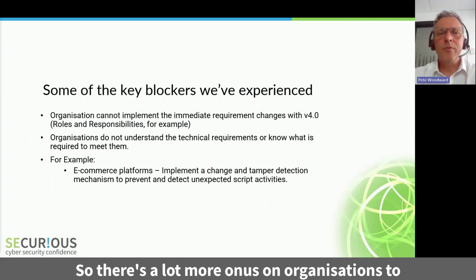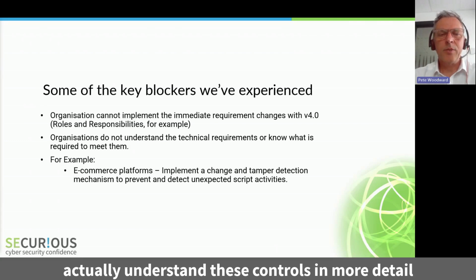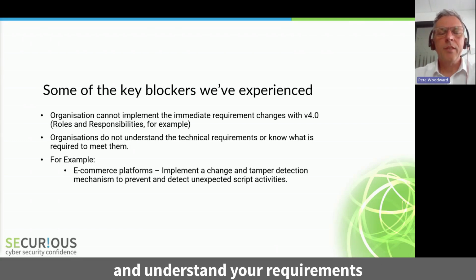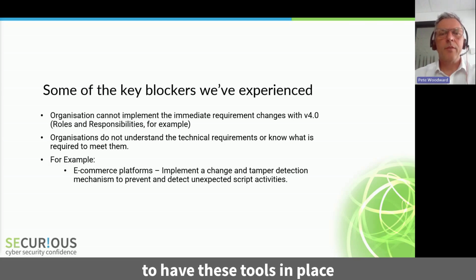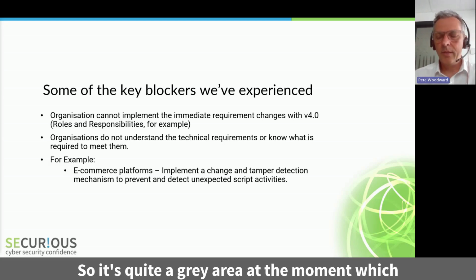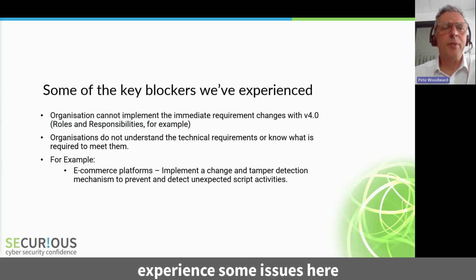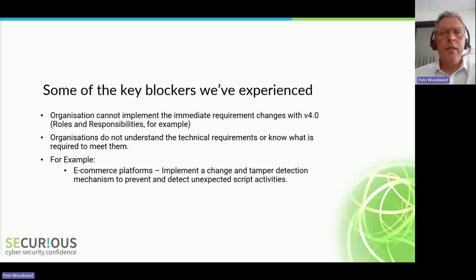So there's a lot more onus on organizations to actually understand these controls in more detail and understand your requirements once you know that it's your responsibility to have these tools in place. So it's quite a grey area at the moment, which we're seeing quite a few companies experience some issues with.